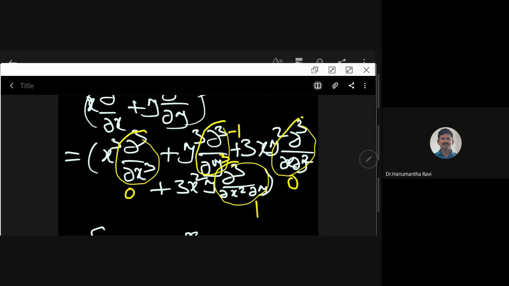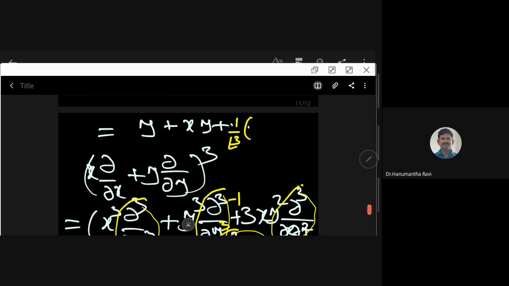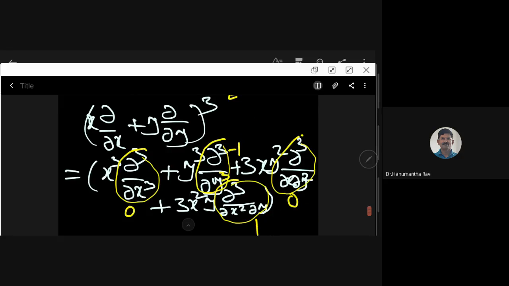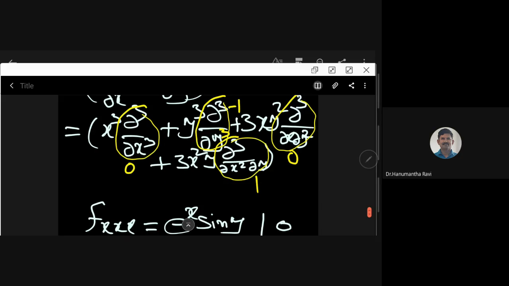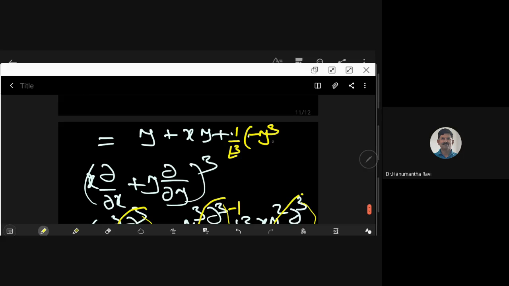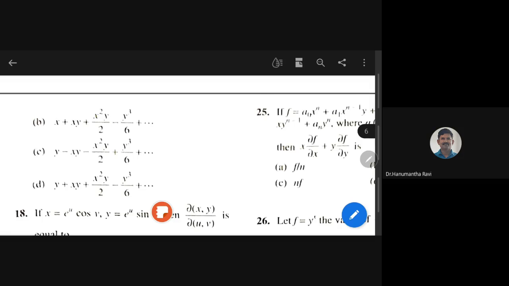Minus y cube plus 3x square y. That remains. The remaining terms, fourth order, will come, but in the answer options they are not there. That's why we are leaving them out.